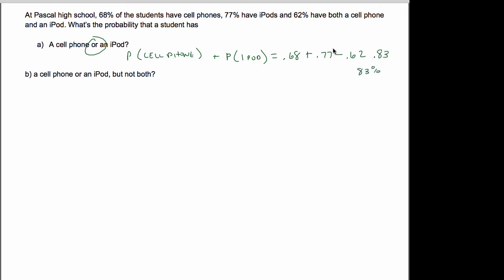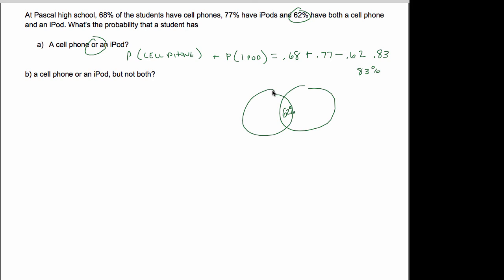Think about that for a second. If you took 62%, so we know it's at least 62% because those people have both. But one kid holding a cell phone and an iPod can't count in both categories. But then we have to consider the fact that, well, how many people have just iPods? And actually, if we did a little bit of a Venn diagram here, in the middle we have that 62%.